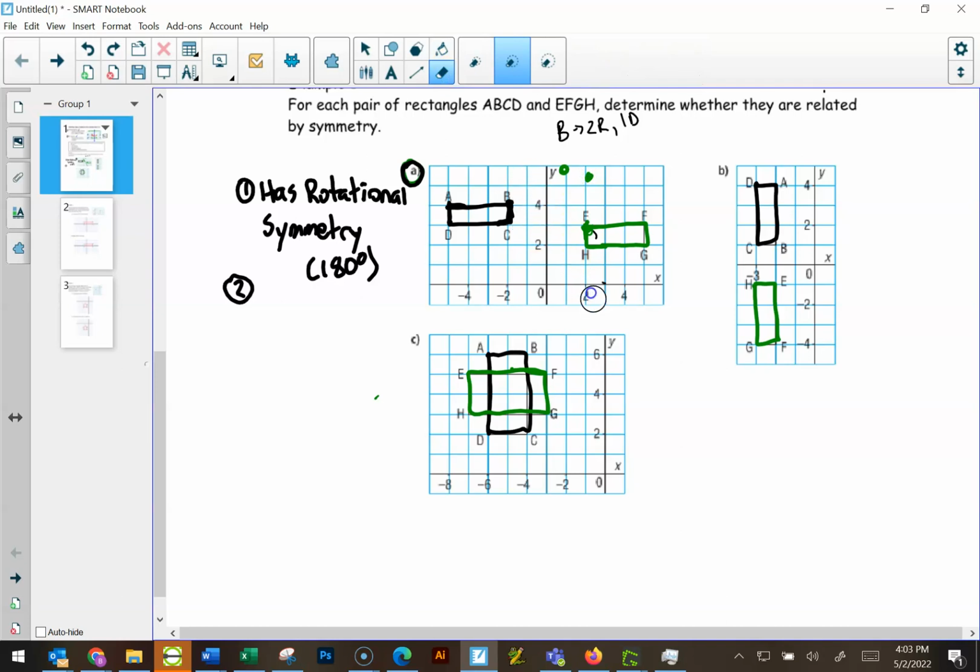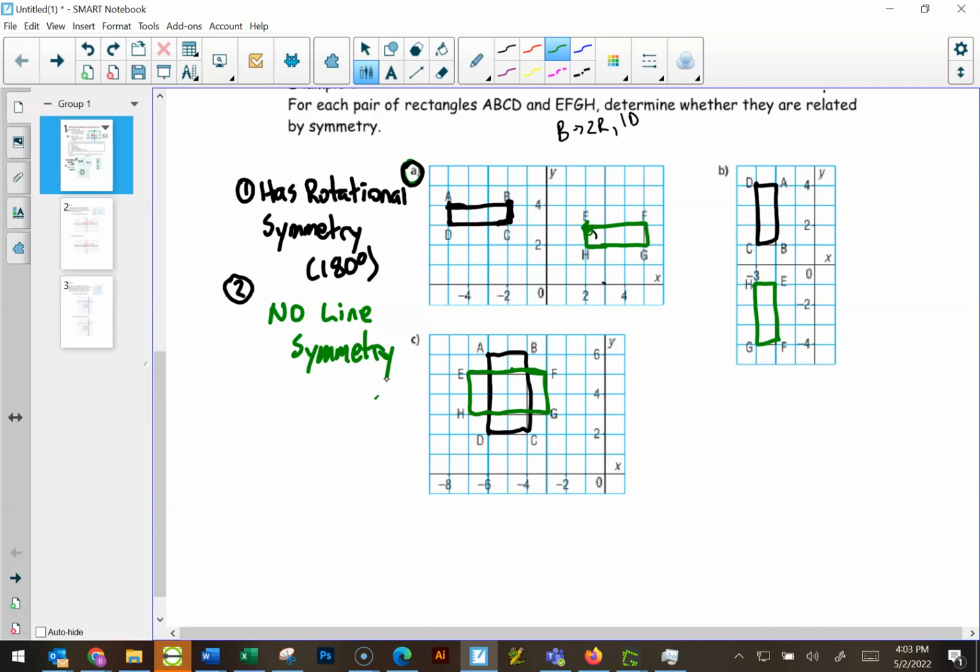So it doesn't matter where you try to draw the line. There's no place you can draw it where it has that line symmetry. You can't make a reflection. It just doesn't work. There is no line symmetry. Can't make a reflection. There's no way I can draw a line to make it happen.